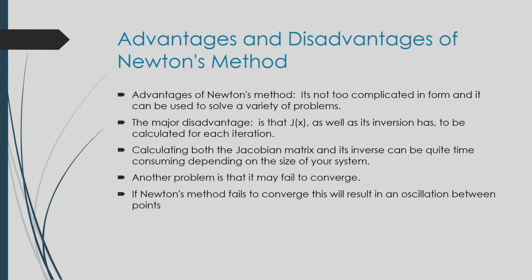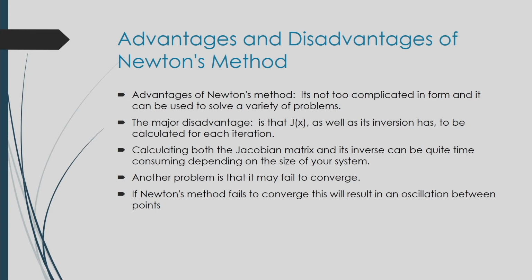Now, the advantages and disadvantages of Newton's method to solve nonlinear equations like this. The advantage of Newton's method is that it is not too complicated in form, and it can be used to solve a variety of problems.